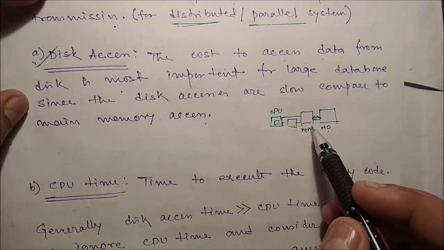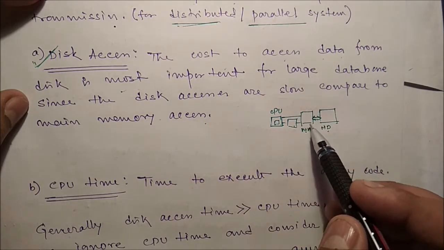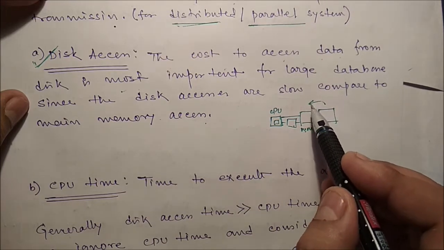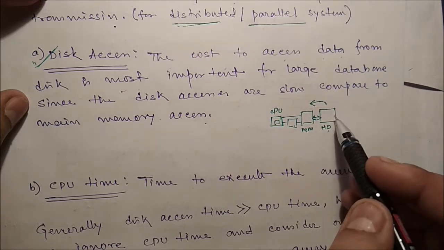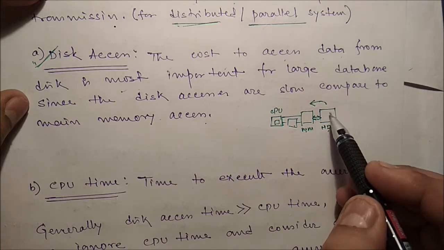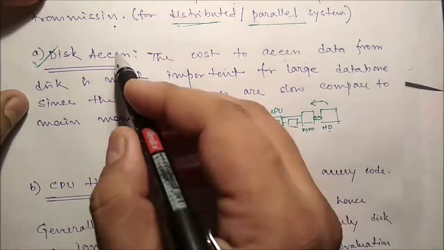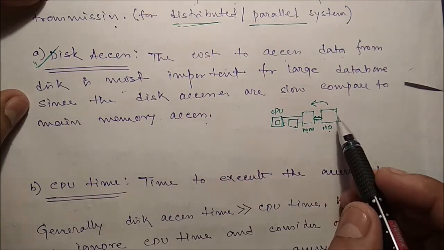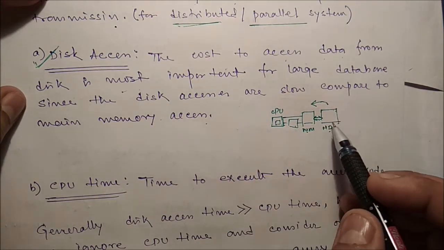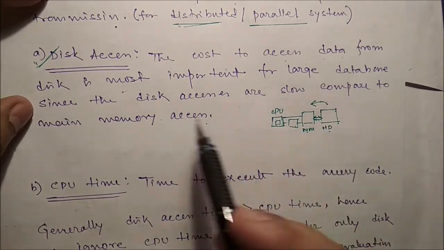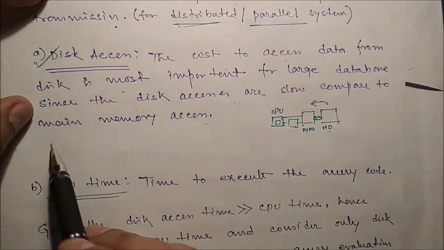To execute, the data must be present in the main memory, so we have to fetch the data from the hard disk. That cost of fetching data, accessing the data inside the hard disk, is called disk access. And since it is large and the technology is different, disk accesses are slow compared to main memory access.